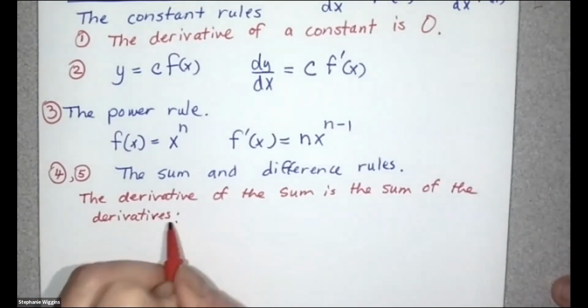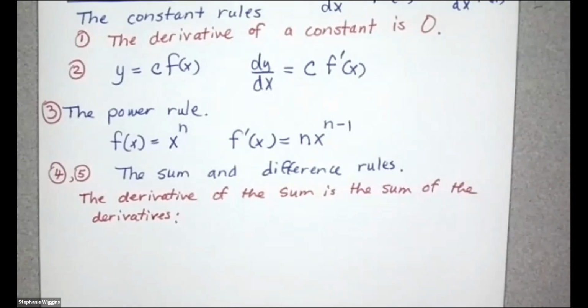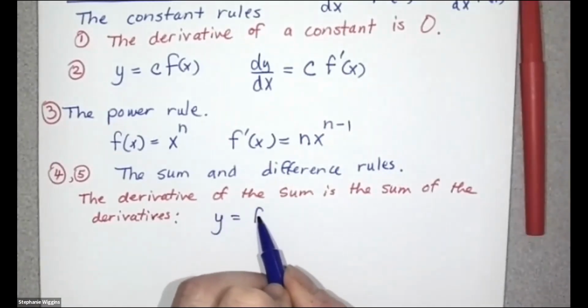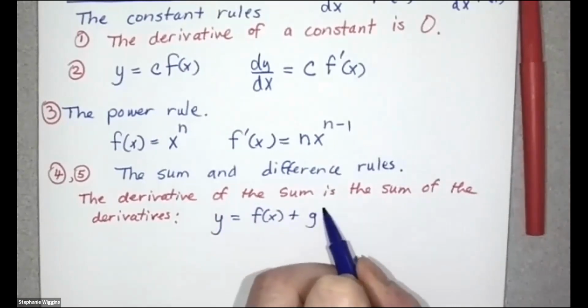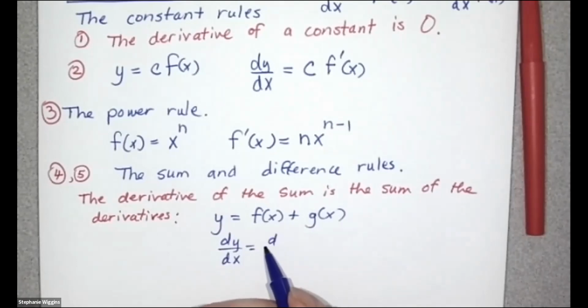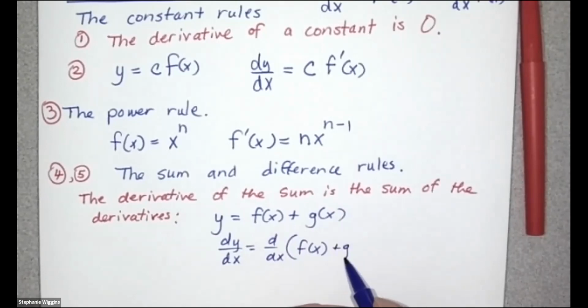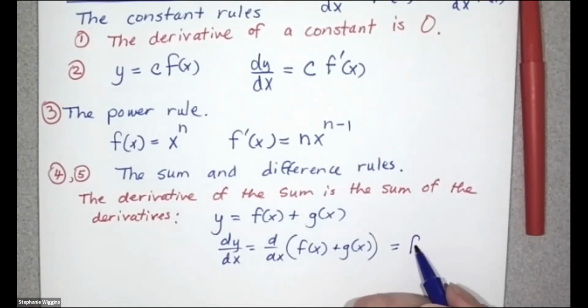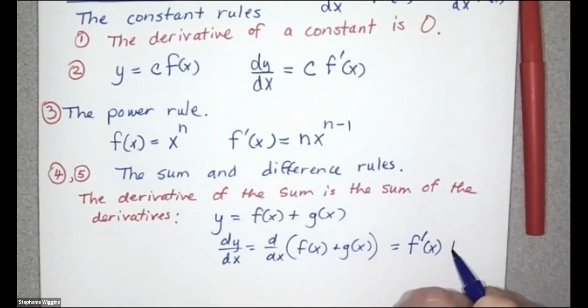If you want to see that in math language, if you have a function y equals f of x plus g of x, two functions added together, and I want to take the derivative dy dx, basically that's taking the derivative of the sum, and that's just going to be the sum of the derivatives. So you're just going to take the derivative of f and add it to the derivative of g.